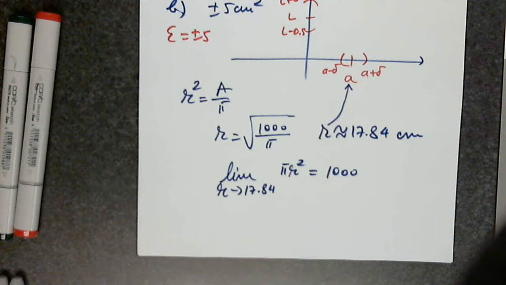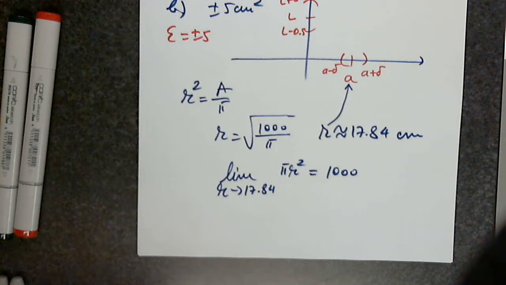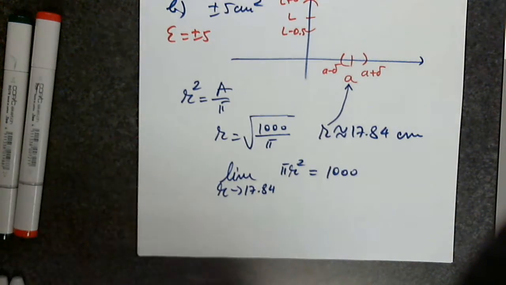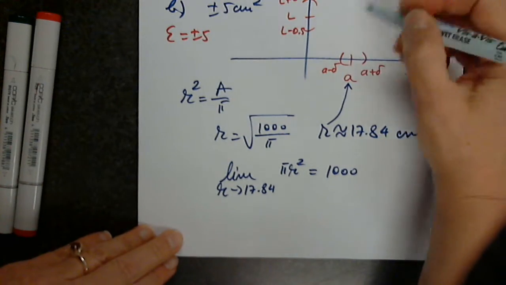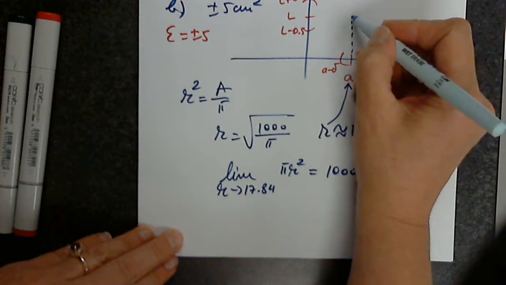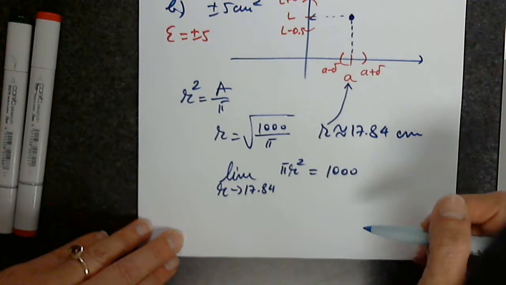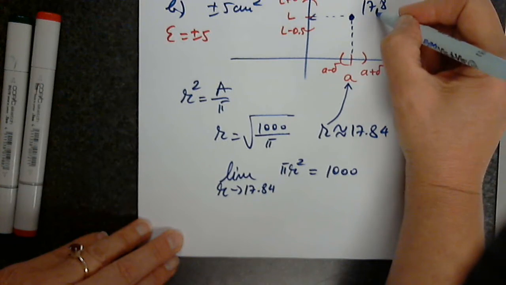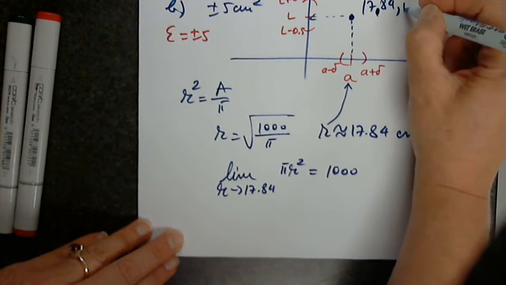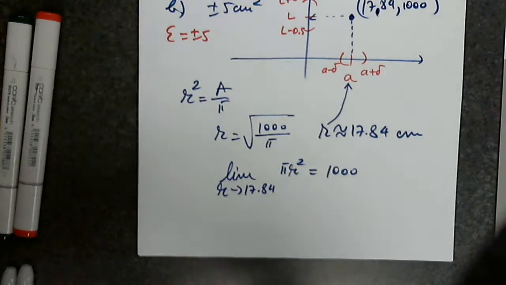So the limit as r approaches 17.84 from either side of pi r squared, which is our function, is 1,000. Whatever the function is, I don't really care. This is a point on the function, which is 17.84 comma 1,000. Do we agree with this?